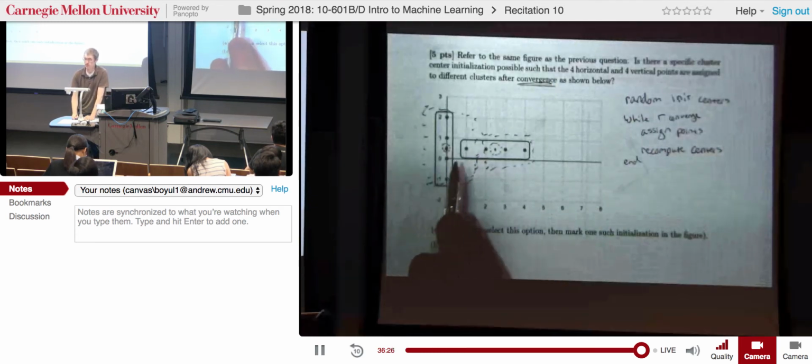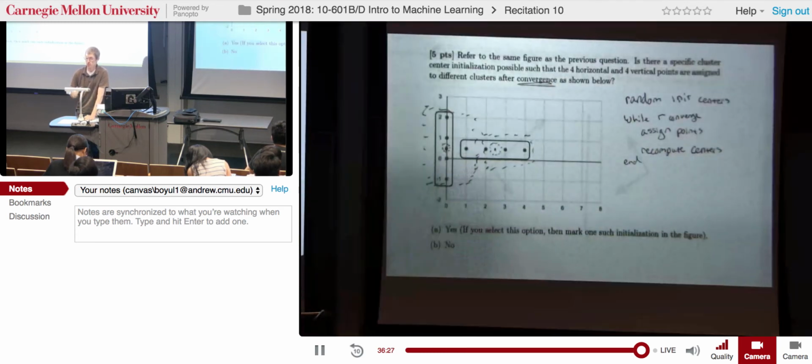So now we've actually changed the clusters to be like this and like this. And that's identical to the clusters found in the previous problem. And so we actually already know that these will converge. And so the answer is no.